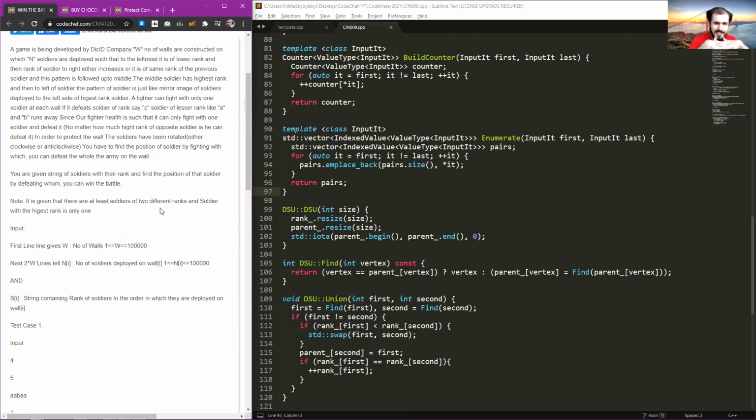Are we supposed to find the index of the middle or what? I don't understand.